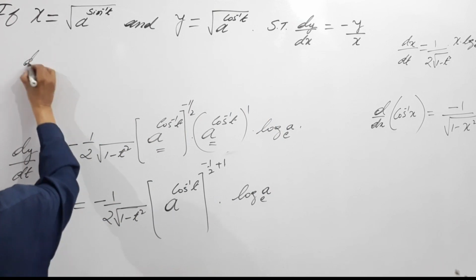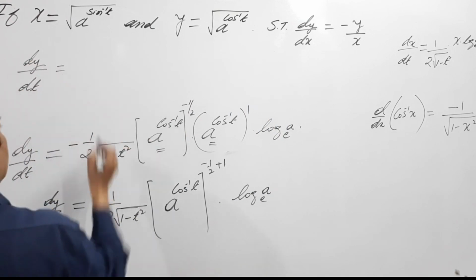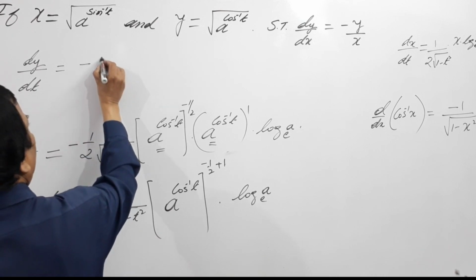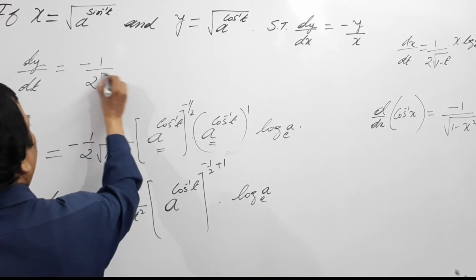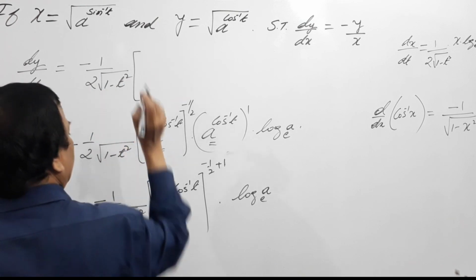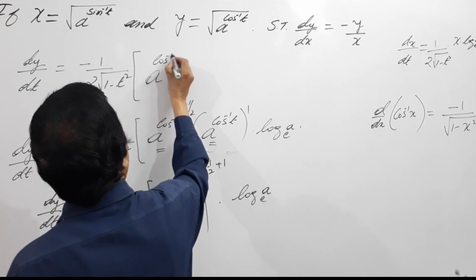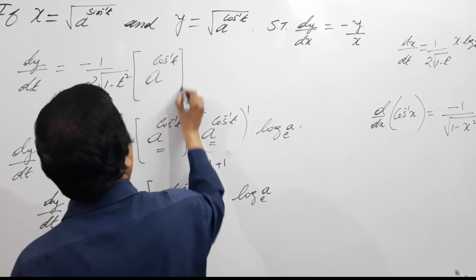So dy by dt equals minus half into 1 minus t square. So this becomes a to the power of cos inverse t.